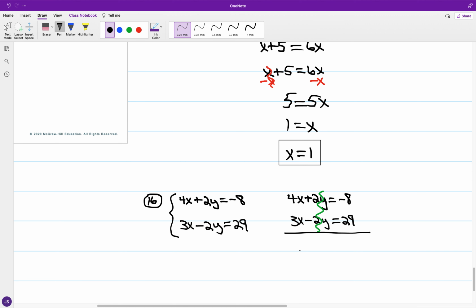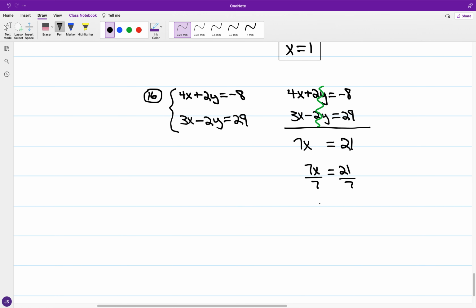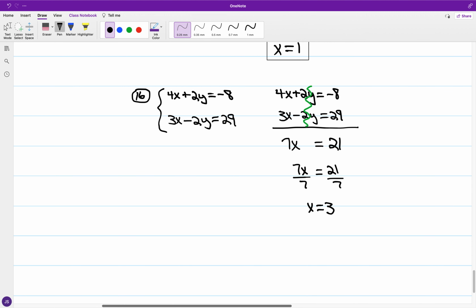And we have 4x plus 3x, so this will make 7x. And we have negative 8 plus 29, so that will make 21. If 7x is equal to 21, we're going to have that x is equal to 3. So I have half the solution. Now I need to determine what y is.